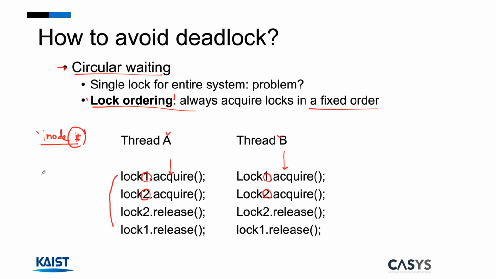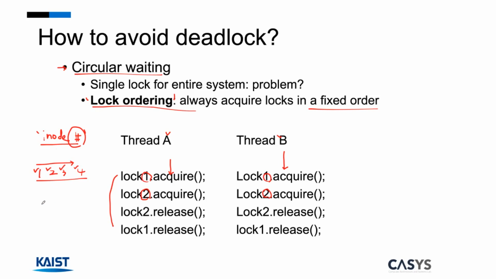Let's say I want to access inodes 1, 2, 3, 4, then the inode number itself is the lock holding order. You have to hold inode 1's lock first, then inode 2's lock, and inode 3's lock, and inode 4's lock. So you follow a sequence according to some rules.